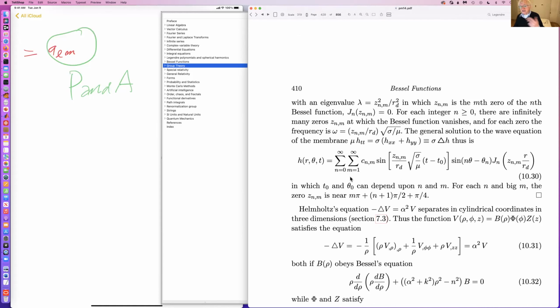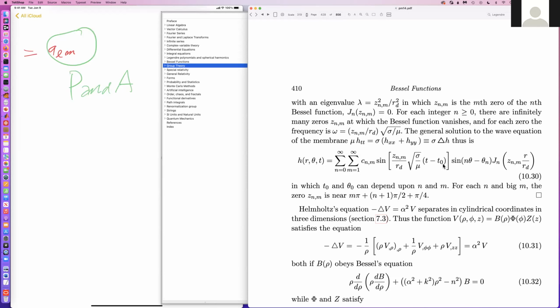And if we put it all together, then we get that the actual surface of the drum is a function of radius, angle, time, and an infinite set of constants, t0 and theta sub n, and actually that should be thetas, t0.